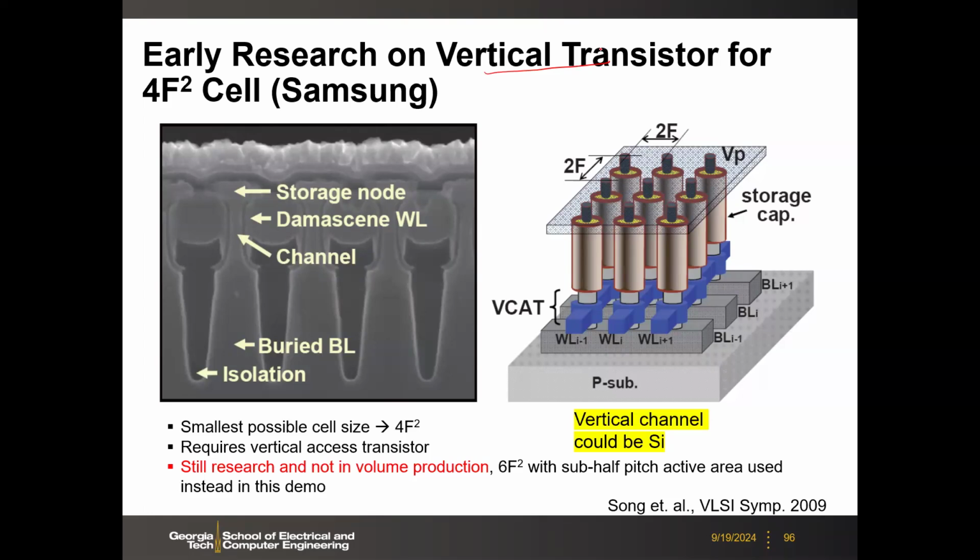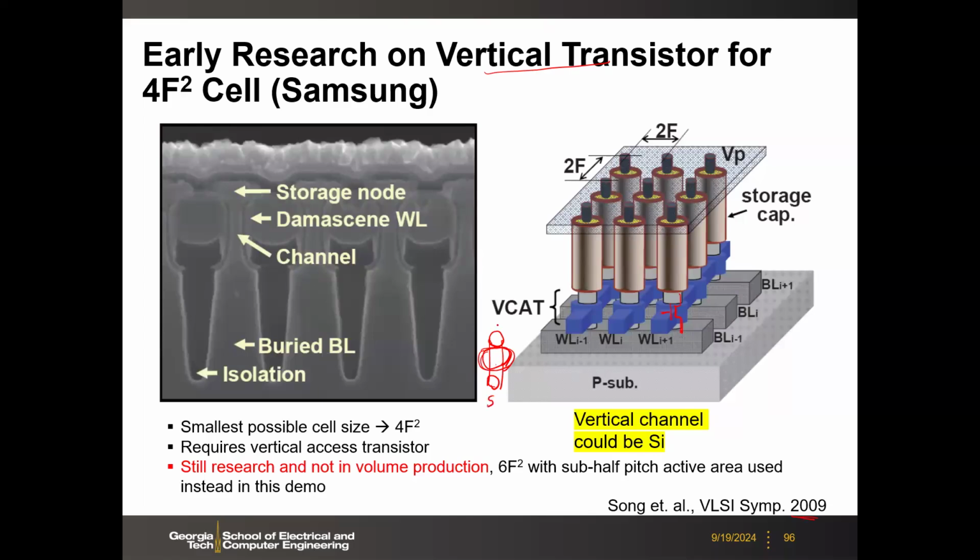This was a very early paper, published many years ago, at the VLSI Symposium 2009 by Samsung. The idea is that instead of the transistor in the silicon substrate, we build the transistor vertically. If you have the vertical channel transistor with a gate all around, you will have a cylinder of silicon, and you surround the cylinder with your gate all around gate stack.